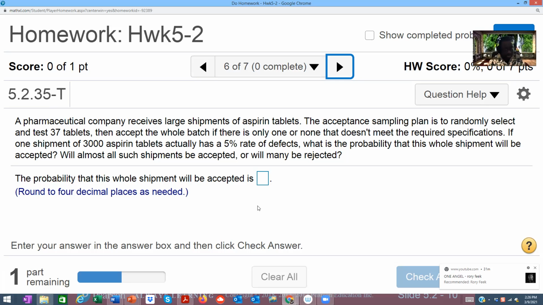Otherwise, we say it is bad and we reject the whole batch of 3,000 aspirin. So that is one way to look at it.